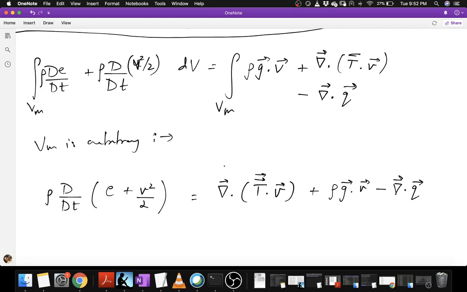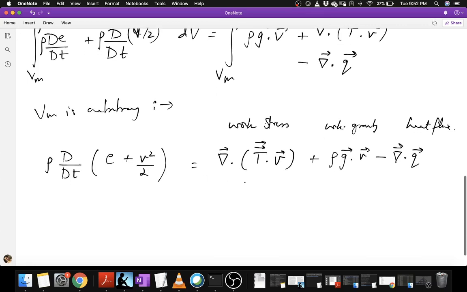So let's just write here, this is work because of stresses. This is the work done by gravity, and this is simply the heat flux. Okay, so now this equation is the total energy balance.